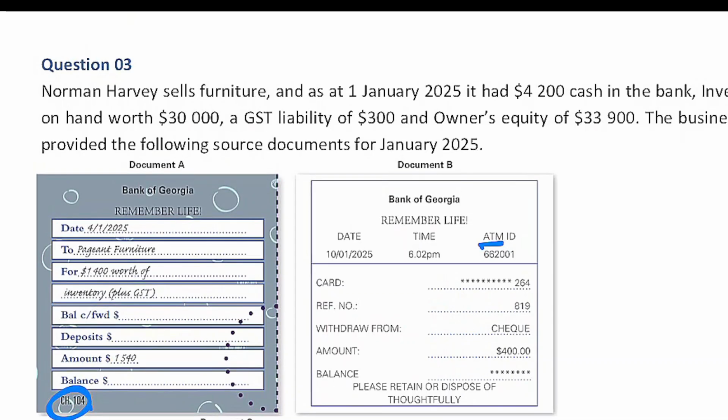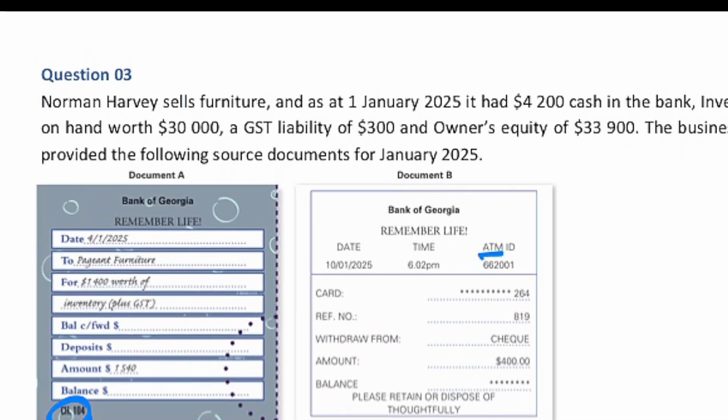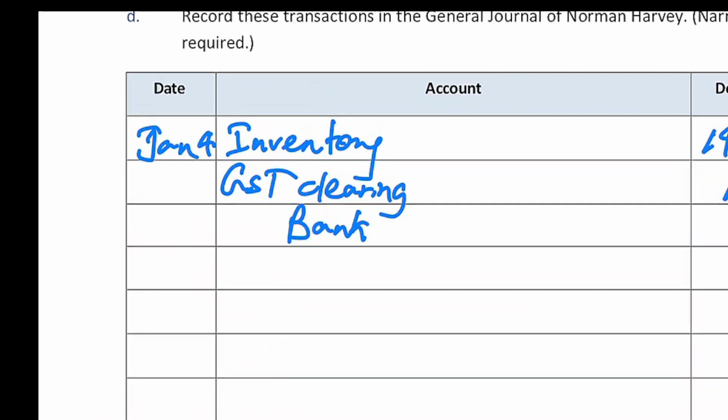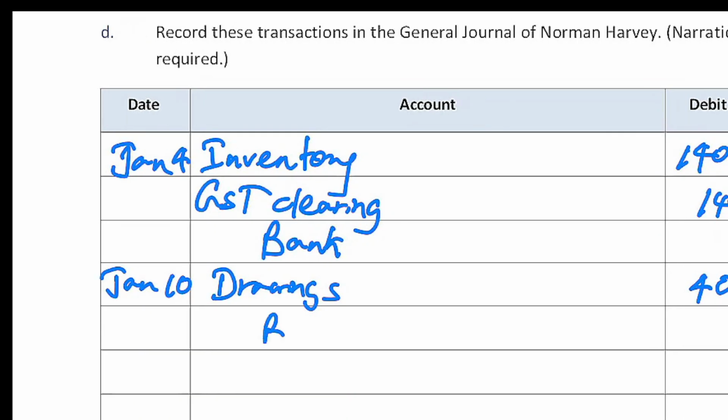10th of January. The cash payment drawings. January 10th. Drawings debit 400 and bank credit 400.